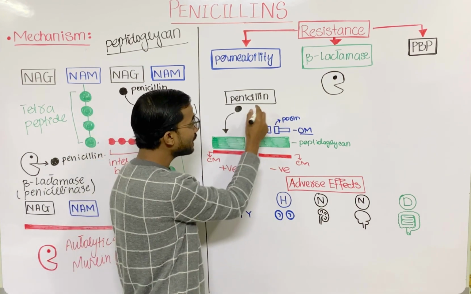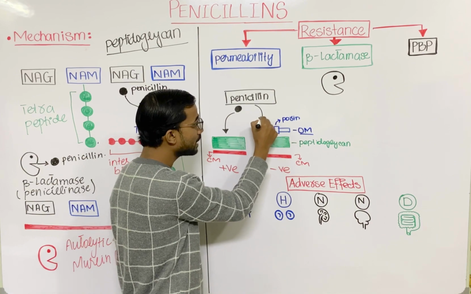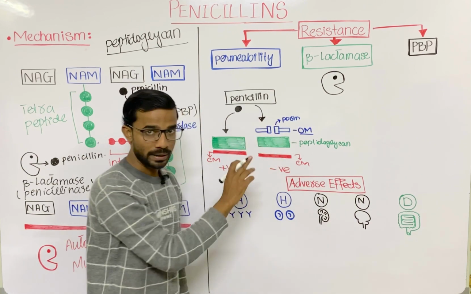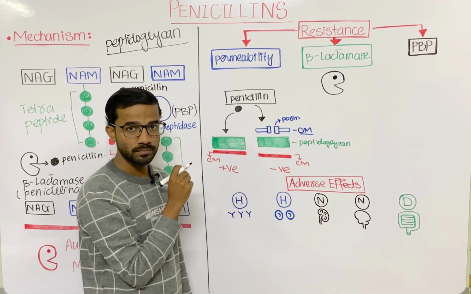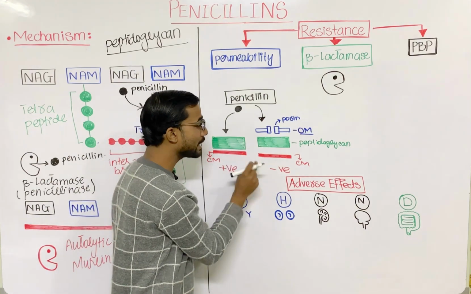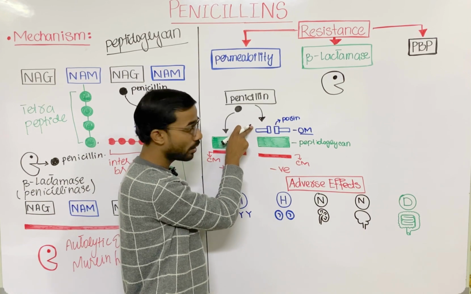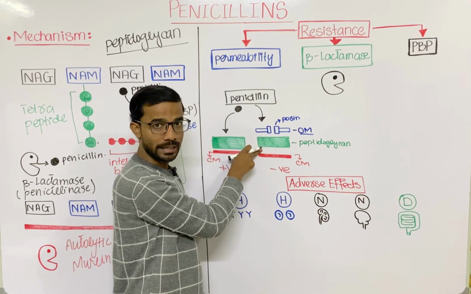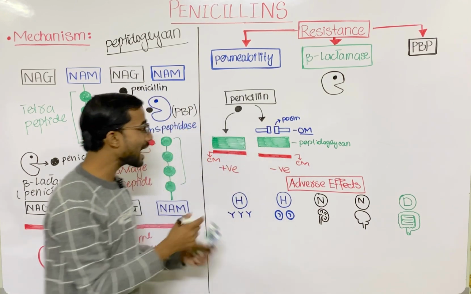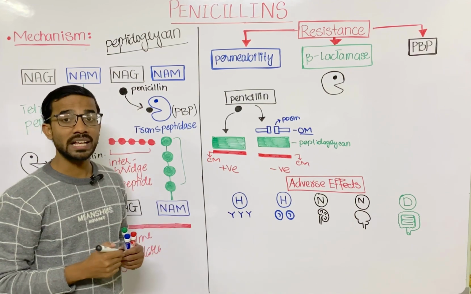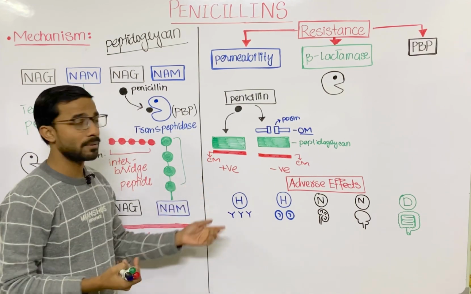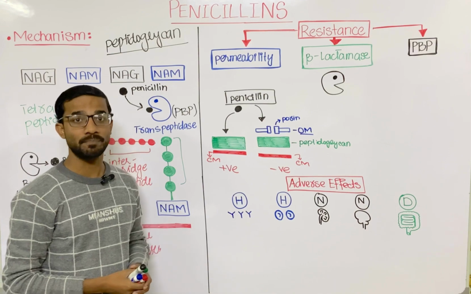But in the negative case, you will see the penicillin will face the outer membrane and will also face the channel. So it means that in the gram negative bacteria, penicillin will face a barrier to reaching the peptidoglycan. Okay, so that's why gram positive bacteria are more susceptible to penicillin as compared to gram negative.